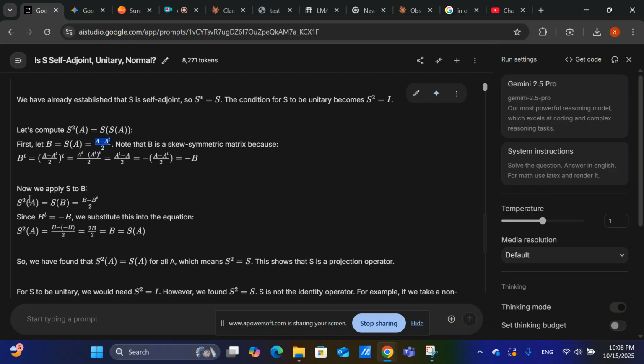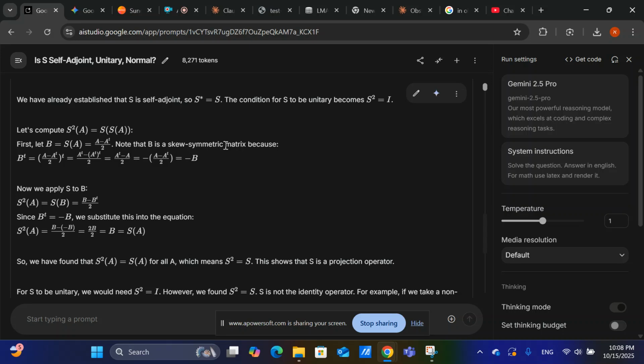Now, when we square it, we are squaring B, or we are taking the transformation S of B. This is the square of the transformation. Remember how we defined B. Therefore, S of B equals (B minus B transpose) divided by 2. But we remember, B transpose equals minus itself.